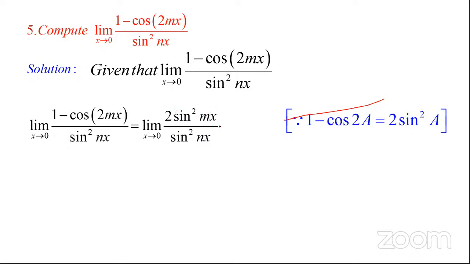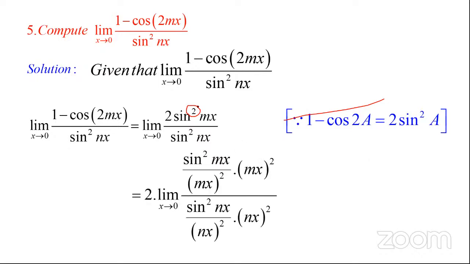Now we have to transform it into the formula, that is limit x tends to 0, sin x by x equal to 1. For that, since the square term is there, I have to multiply and divide with m square x square in the numerator, and n square x square in the denominator. Here I can write a square by b square as a by b whole square.